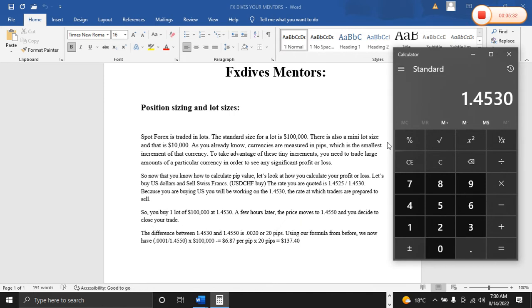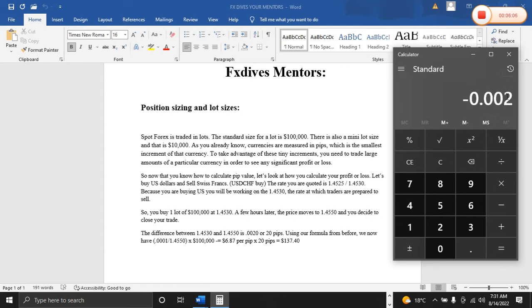Now the difference between 1.4530 and 1.4550, those are our pips. We take the movement this currency pair has made, and our answer is 0.0020.